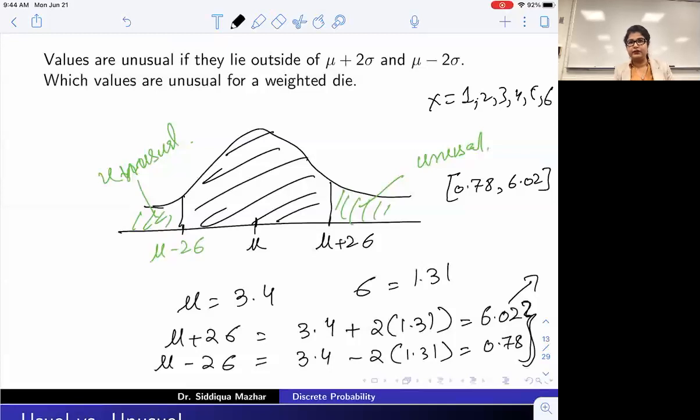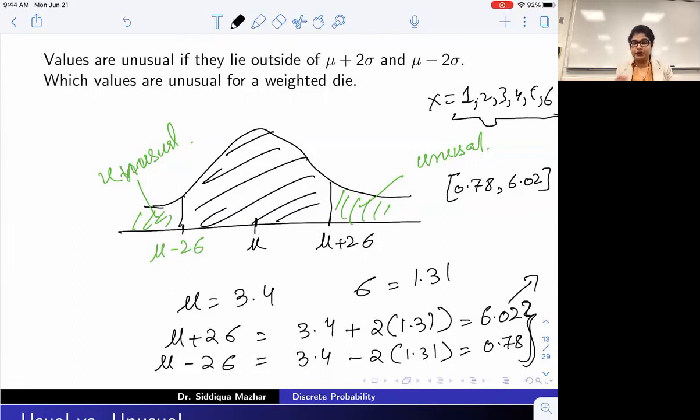This is the interval for mu minus two standard deviations and mu plus two standard deviations, two standard deviations away from the mean. But all of these outcomes exist in between this interval. So it means no value is unusual.